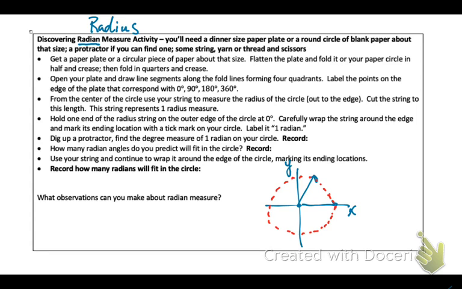Now, the nice thing about radian measure is that it is in terms of the radius of this type of angle, which is if we rotated all the way around and traced its end point here, we'd have a circle.